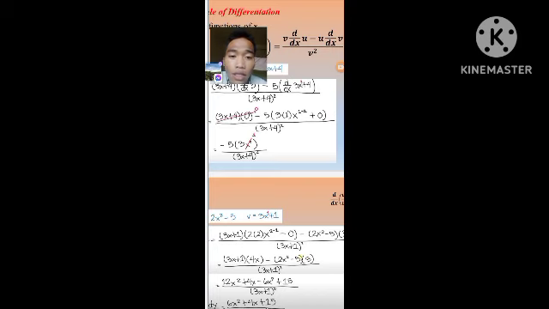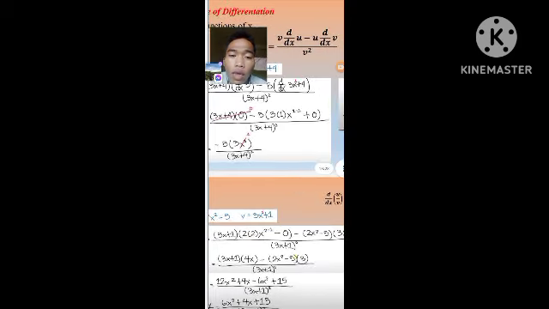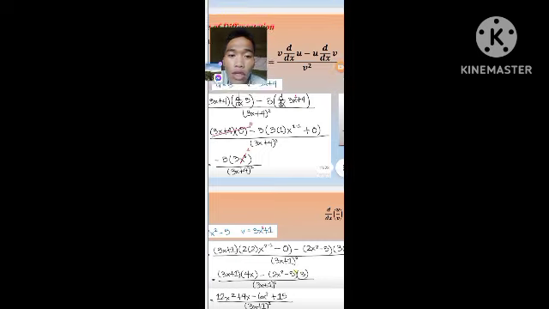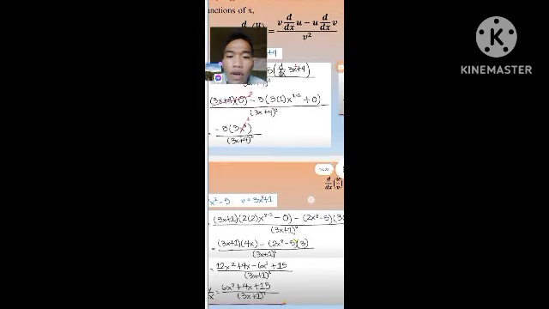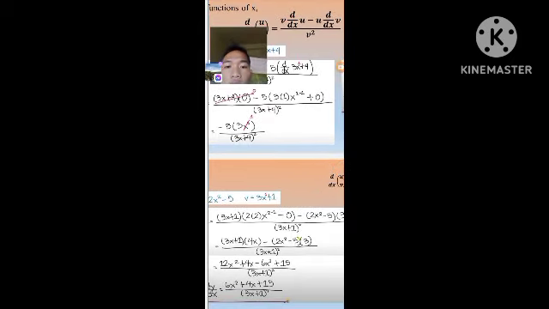So 3 times 1 x raised to the power of 1 minus 1 plus constant of 4 is 0, and then over 3x plus 4 squared.